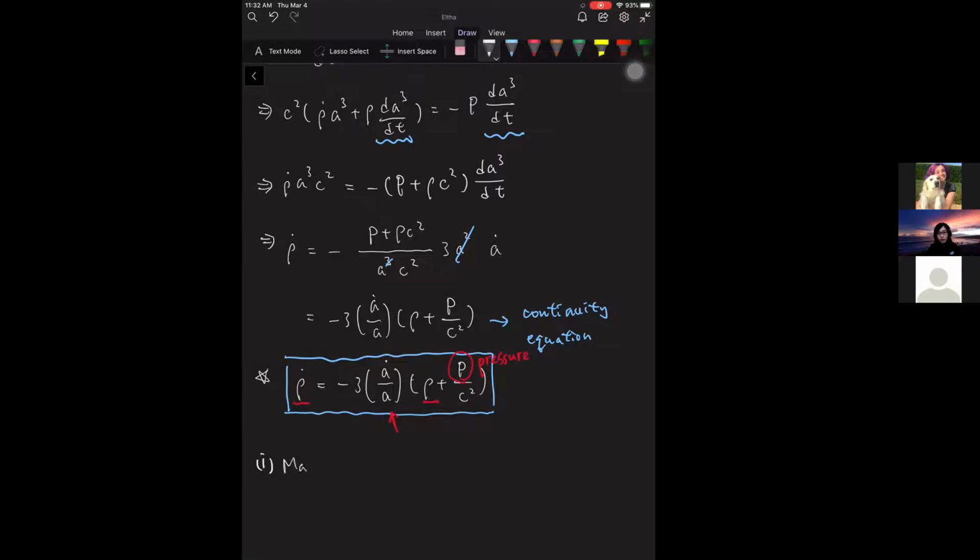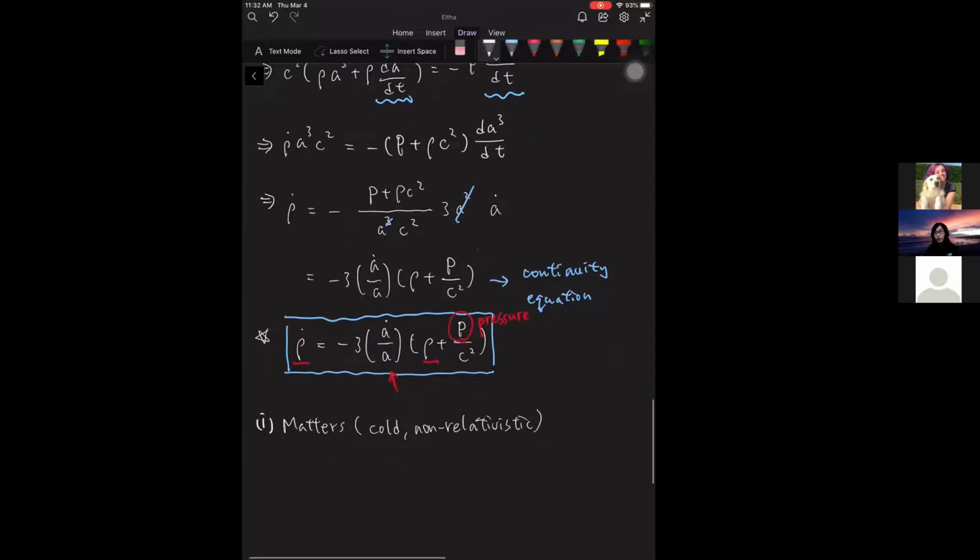So the first one, if we're considering general matter, or more specifically, non-relativistic particles, we will have a pressure of approximately rho c squared, where this c is the sound speed, and we know that since it is non-relativistic, this sound speed should be much smaller than the speed of light.